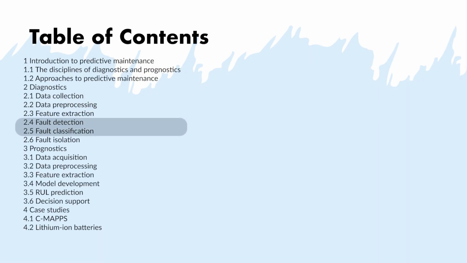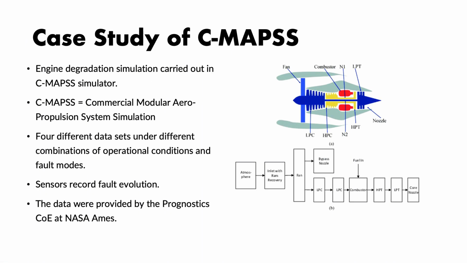And we are now at the fourth section where we'll discuss two case studies, the CMAPS and lithium-ion batteries. CMAPS is a simulation of an engine that was used to simulate degradation of several engines.